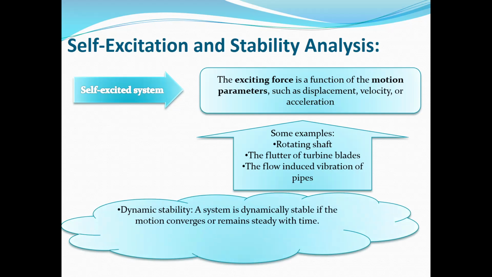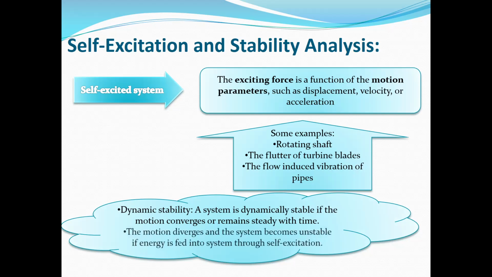So we define dynamic stability, which is similar to the definition of a stable system. A system is dynamically stable if the motion converges or remains steady with time. The motion diverges and the system becomes unstable if energy is fed into the system through self-excitation.